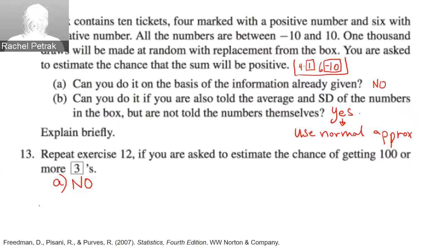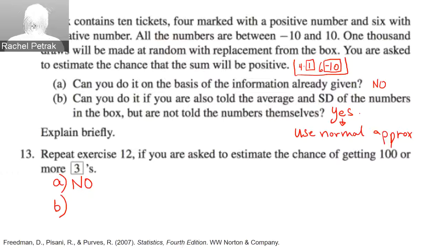And B, even if you're told the average and standard deviation in this case, then you can still not estimate the chance of getting 100 or more threes, because you would still need more information. 100 or more threes across how many trials?